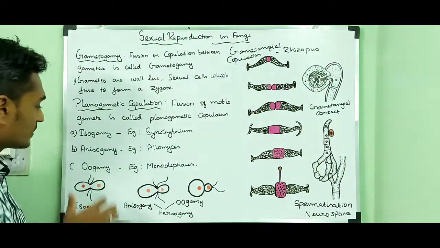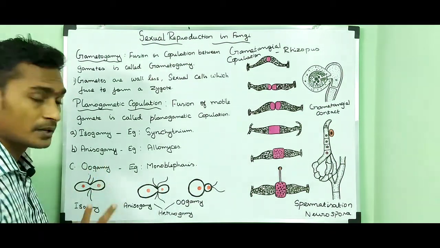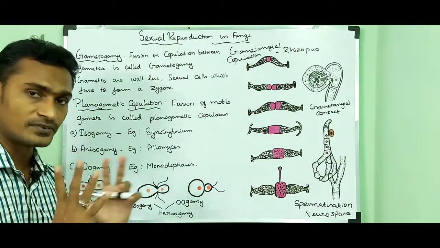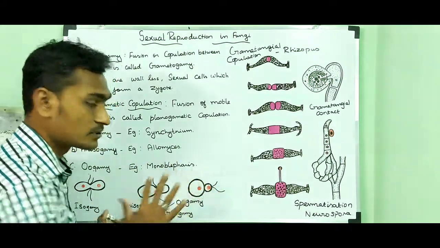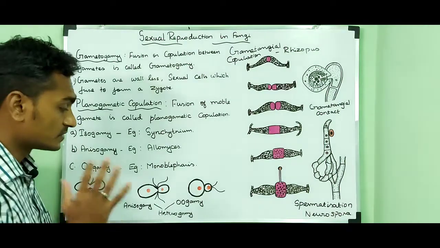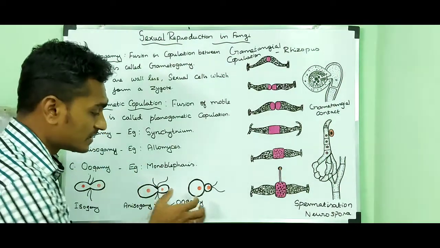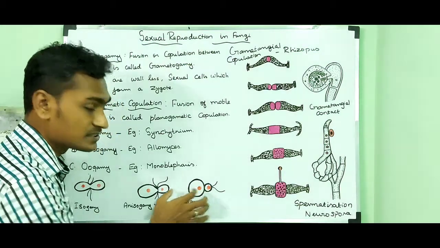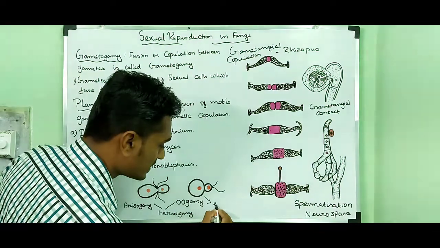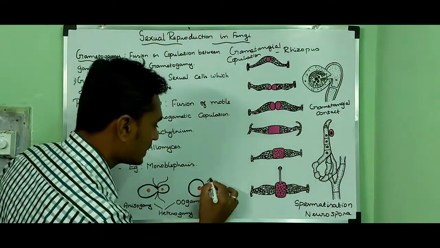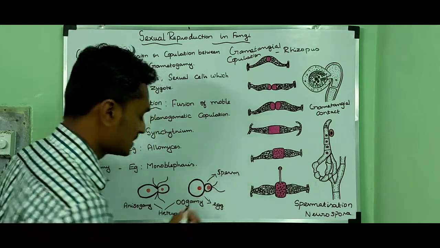The difference is that in anisogamy both gametes possess flagella, while in oogamy the female gamete does not. Oogamy is considered an advanced type because the female gamete is considered the egg and the male gamete is considered the sperm.